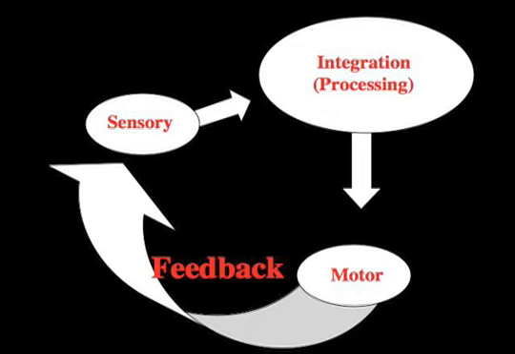The processing centre generates a motor output. I will go to the pub, and a motor output. There is feedback from the motor output to the sensory input. This is not the way to the pub. And the integrating centre works with that sensory information to modify the motor output.